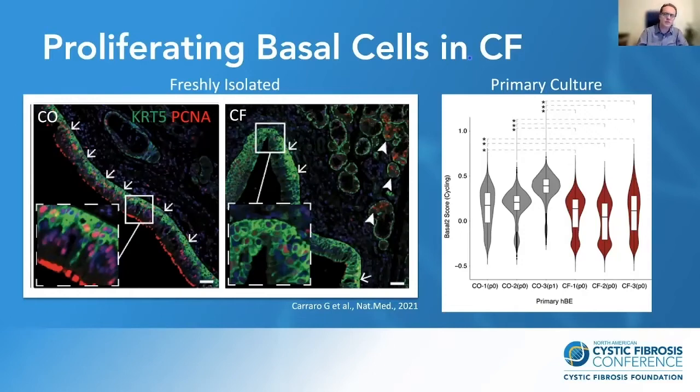This is an important observation because it indicates that the impairment in proliferation that we see in CF basal cells is not related to an intrinsic problem in the basal cells themselves, but is most likely related to the microenvironment in which basal cells are located. And this is an important consideration when we want to consider using a specific subset of basal cells for cell-based therapy.